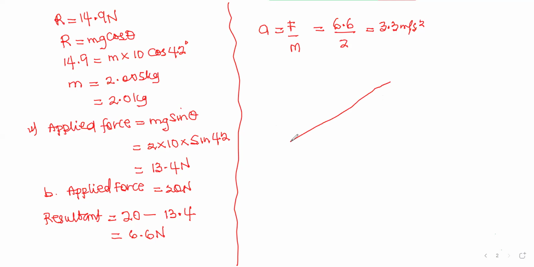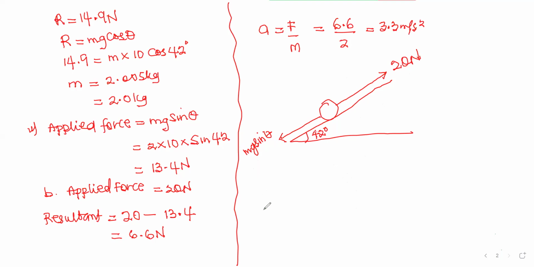So let me draw. Supposing this is the body. This is the inclination 42. We know on an inclined plane, there is always unbalanced force mg sine theta here. So if the body is being pulled up the inclined plane by a force of 20 Newton, calculate the net force. The net force will be the difference between the 20 Newton force and the unbalanced force.